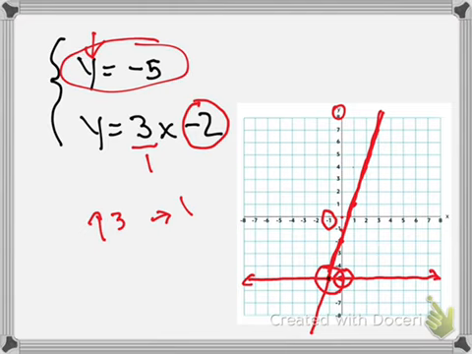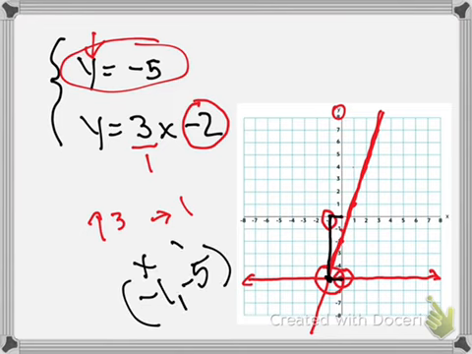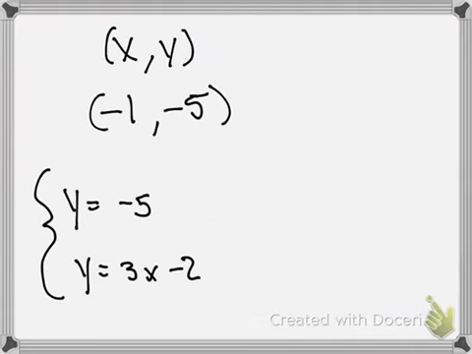This point right here is -1, and this is -5. So -1, -5 is your x and your y. So that is your answer to the system of equations. Remember, this is an x, this is a y: -1, -5.